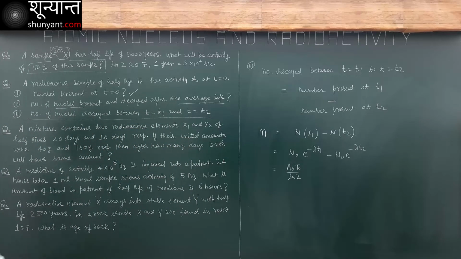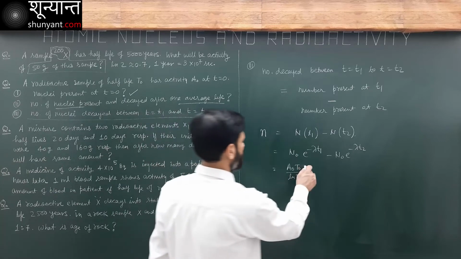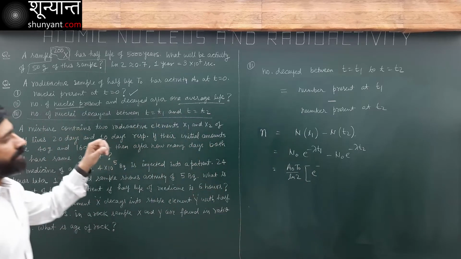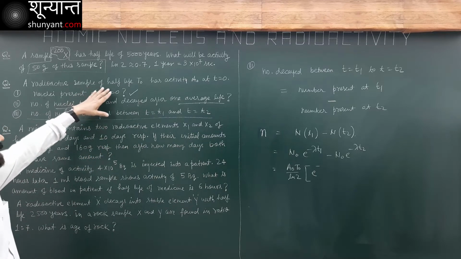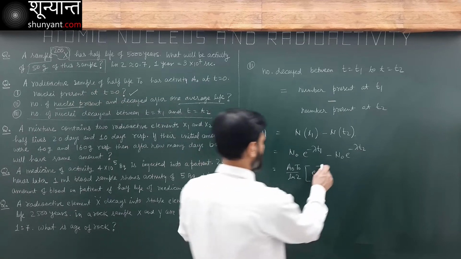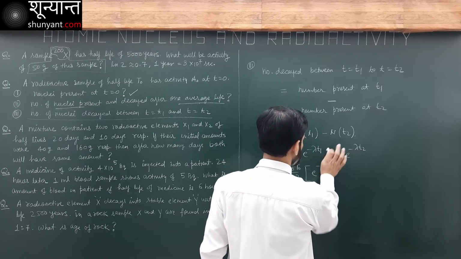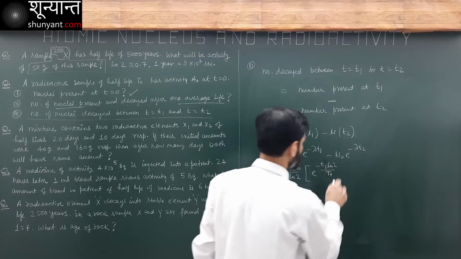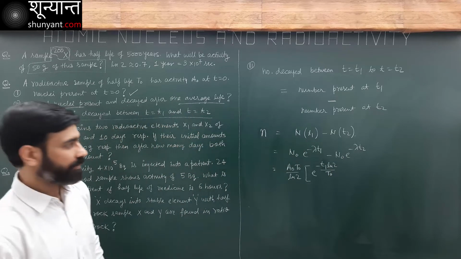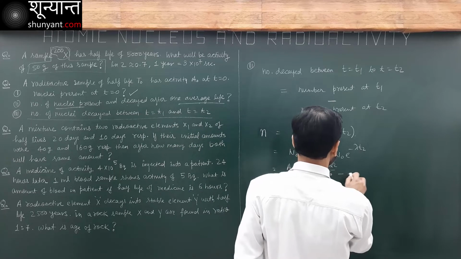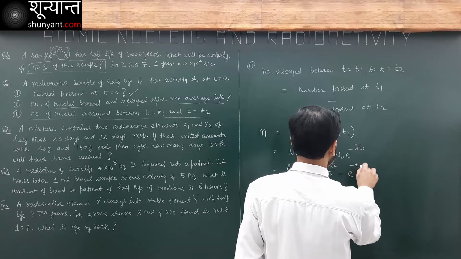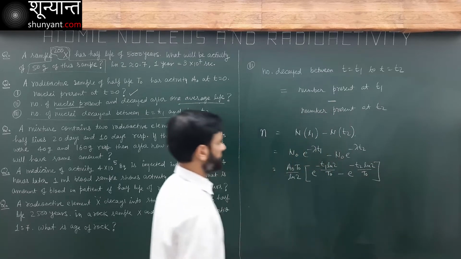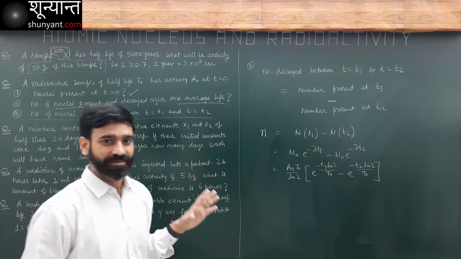And lambda is ln2 over t naught. So it is e to the minus t1 ln2 over t naught, minus e to the minus t2 ln2 over t naught. That is one answer.